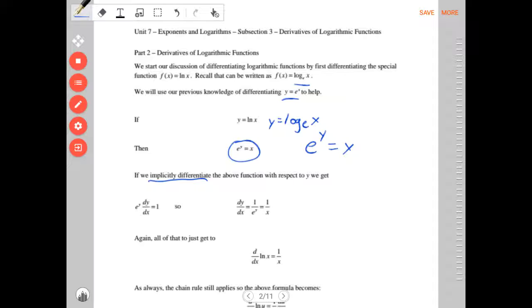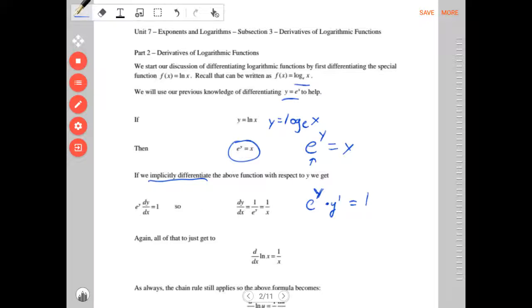The derivative of e to the y is just e to the y, and then we have to chain rule that, and we get y prime, which of course is dy dx. And then the derivative of x is just 1.